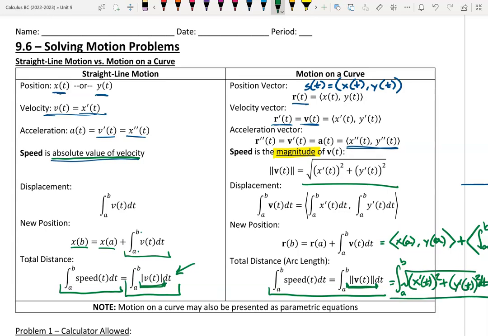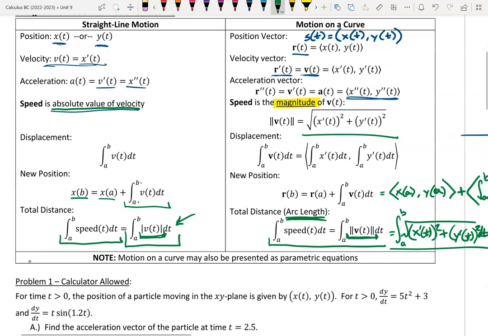And hopefully that looks familiar because it is our arc length. All right, so everything just relates back and forth. If you can remember straight line motion, it carries pretty easily into our motion on a curve.